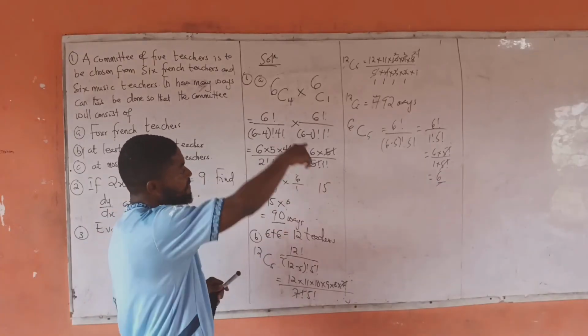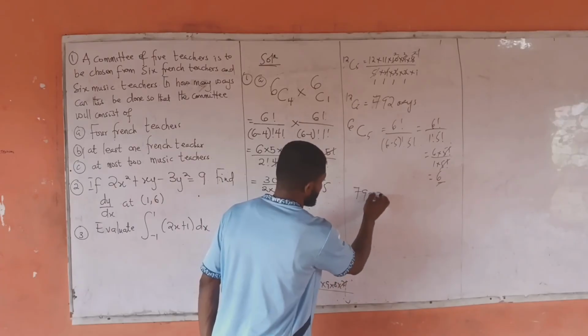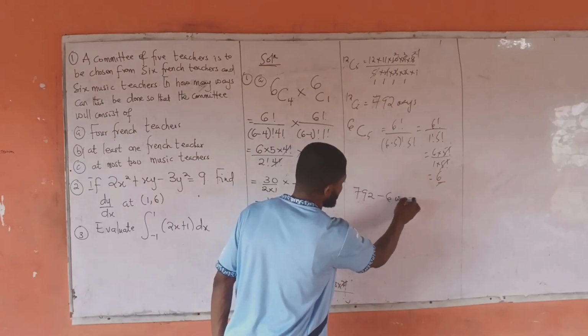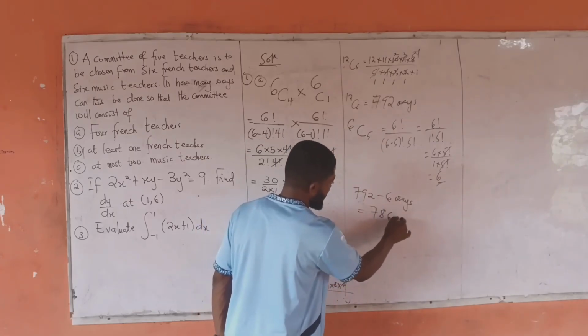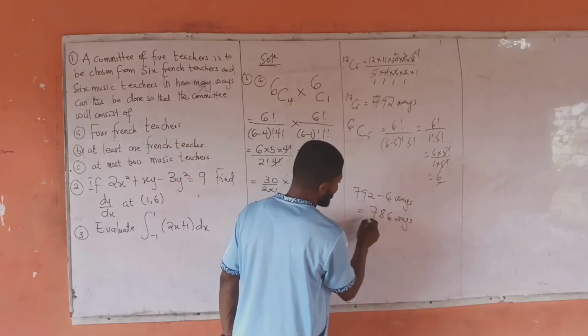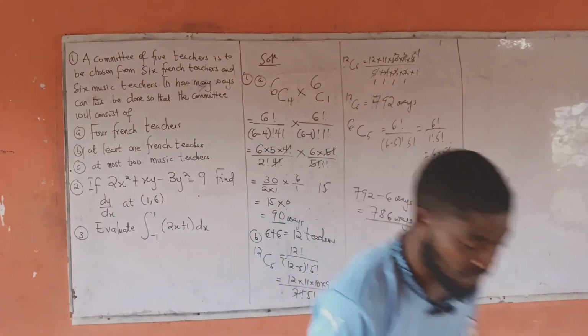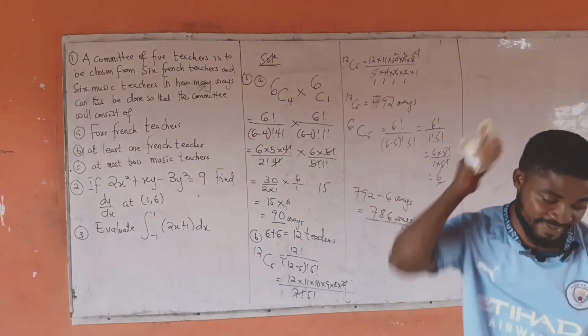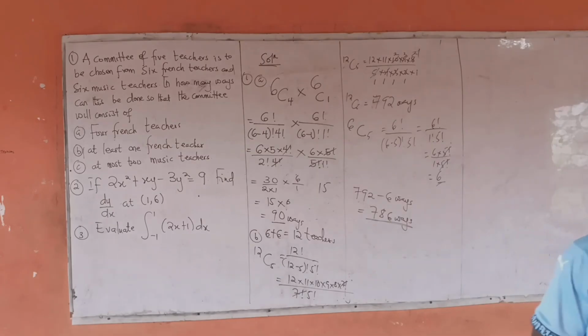Now we take the 6 ways from the total, and then this gives us 786 ways to get at least one French teacher involved.